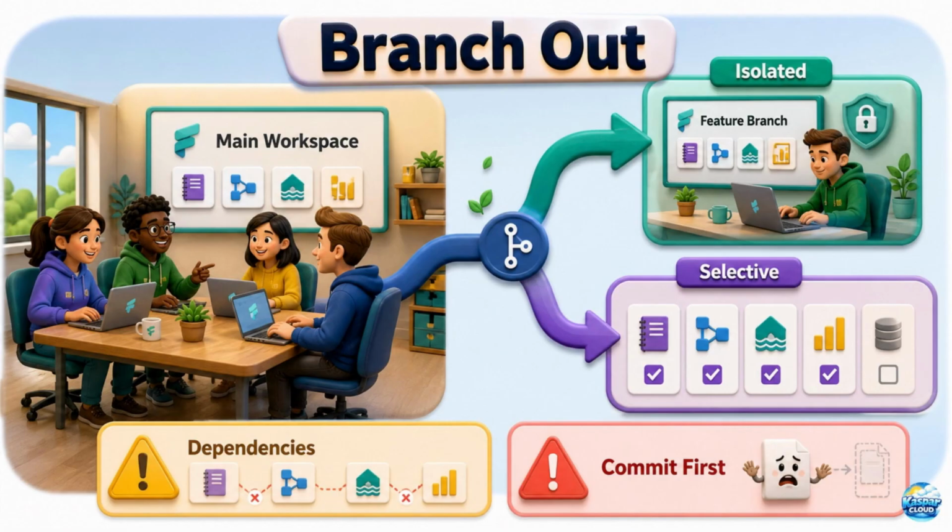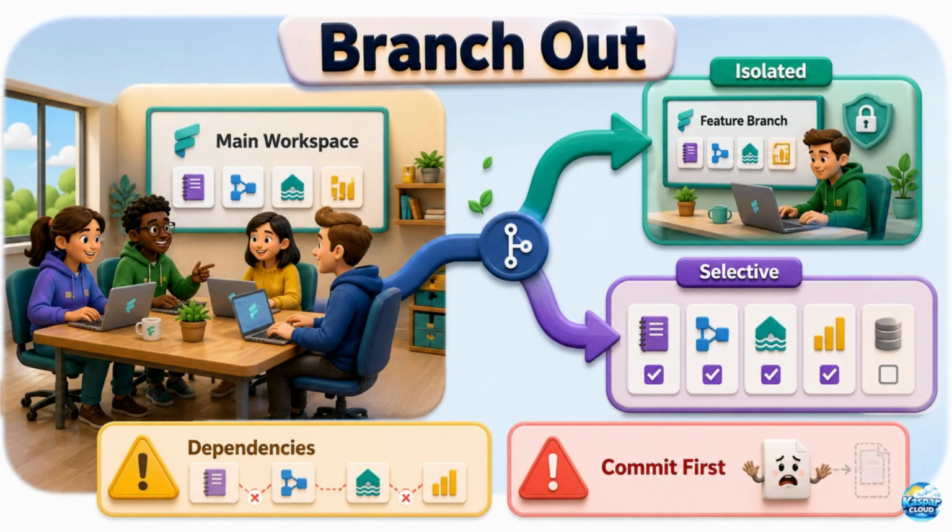Branch out is especially useful for Fabric items that must be edited directly inside the Fabric service. The branch-out experience creates a new Git branch based on the latest sync commit and connects that branch to a separate workspace. Developers can then safely modify notebooks, pipelines, lakehouses, reports, semantic models, or other supported items without interfering with the shared team workspace.